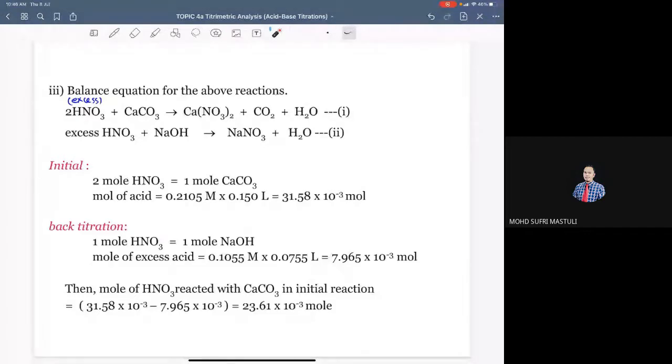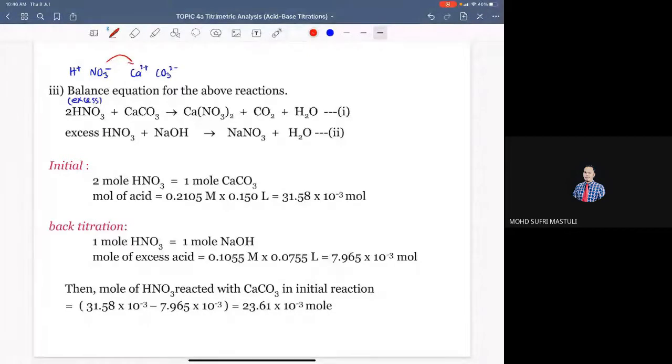So just do as I did just now. Nitric acid can be dissociated into H plus and NO3 minus, calcium carbonate into Ca 2 plus and carbonate 2 minus. And then you just react the calcium with nitrate, positive with negative.